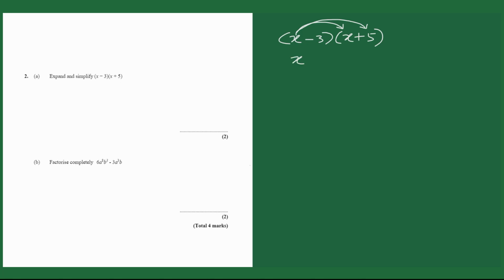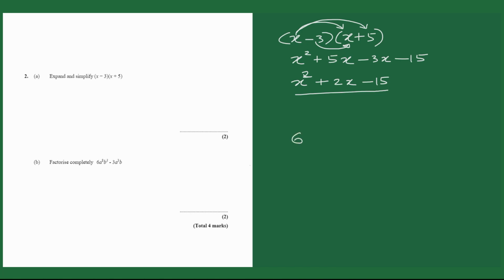So x times x is x squared, x times 5 is 5x, and minus 3 times x is minus 3x, and minus 3 times 5 is minus 15. So you will get x squared plus 2x minus 15. So that is the answer. 5x take away 3x is 2x, and minus 15 is the number part.